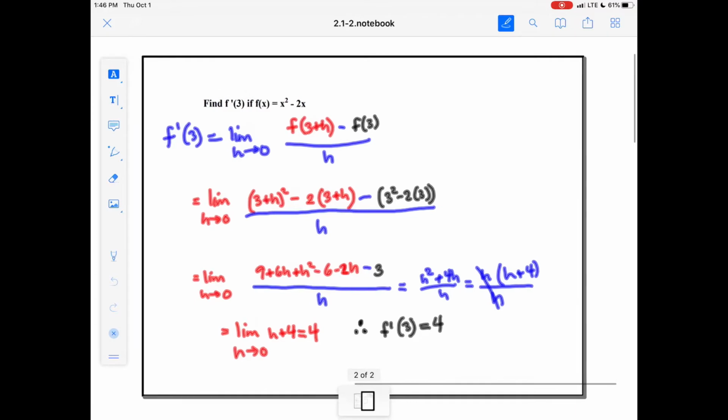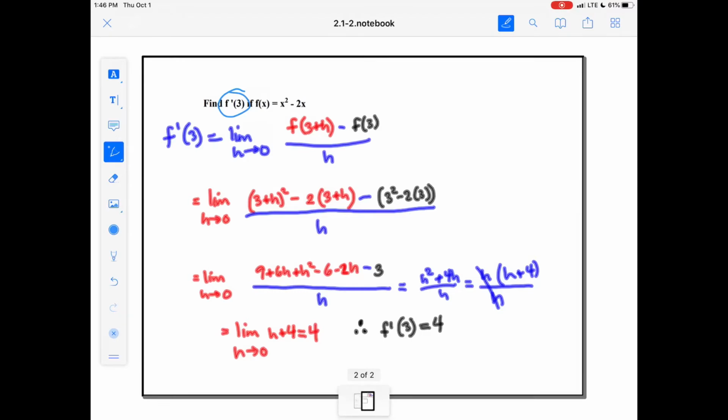They're asking us to find f prime of 3. What does f prime of 3 represent? It is the derivative of this function when x is 3. It is the slope of the tangent line to this graph when x equals 3. And we are evaluating this initially by using this limit definition of the derivative.